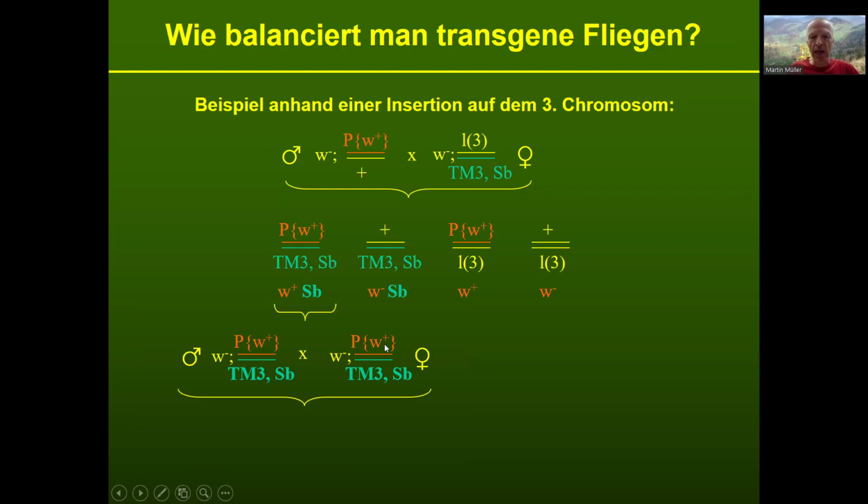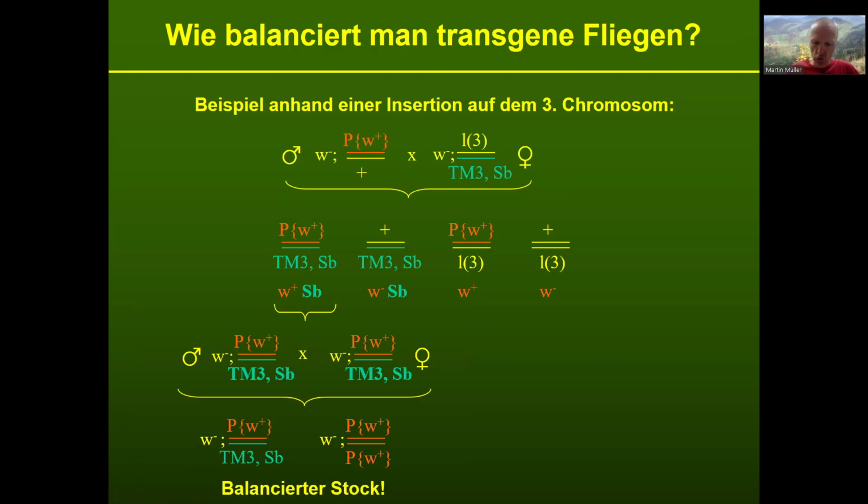We cross males and females with each other, and we have established a balanced system. The only viable offspring are the homozygous flies or the heterozygous balanced over TM3. If you cross these again, you again will get the very same flies. So in other words, we have a balanced stock.